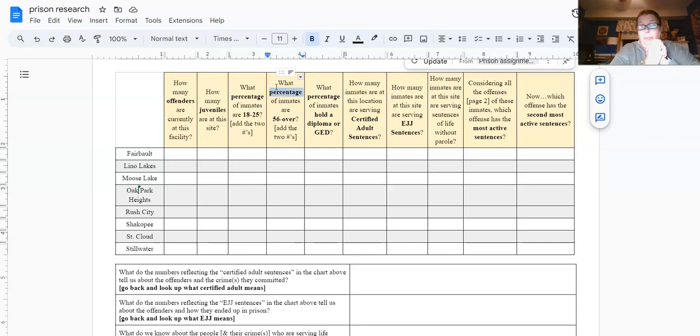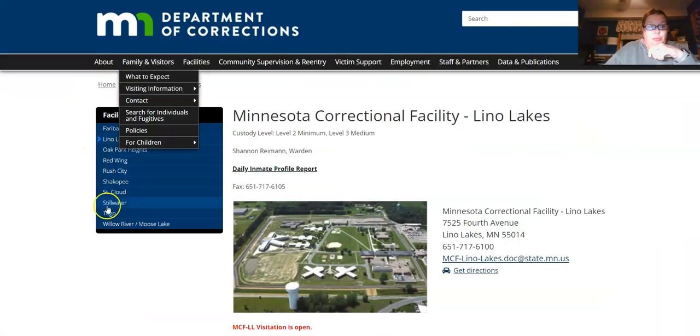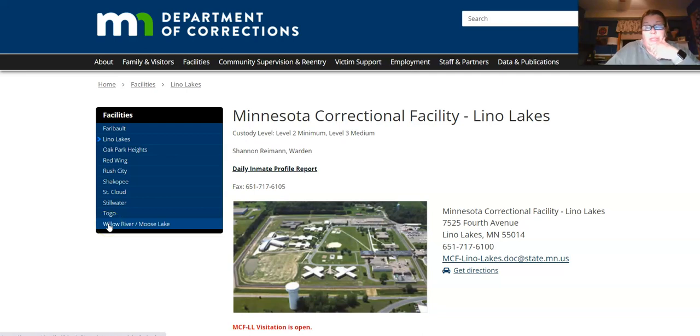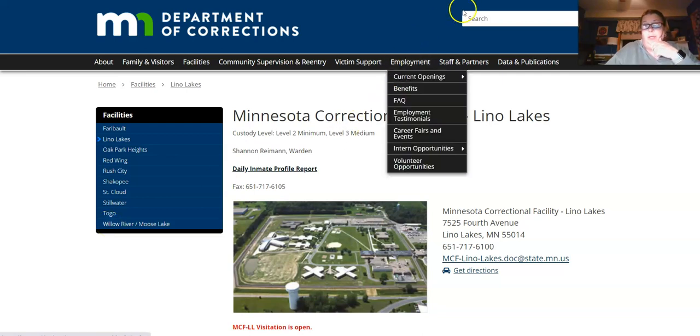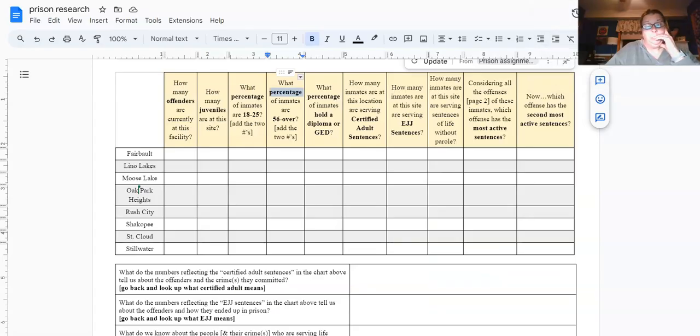You're going to add the two numbers. Okay. Every one of the forms that you pull up for all of these prisons are going to show you something similar. So you're going to have to go through these one by one.